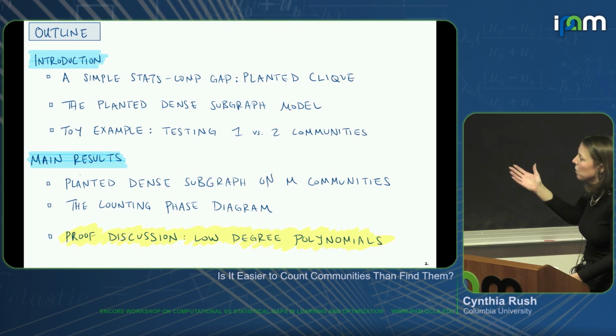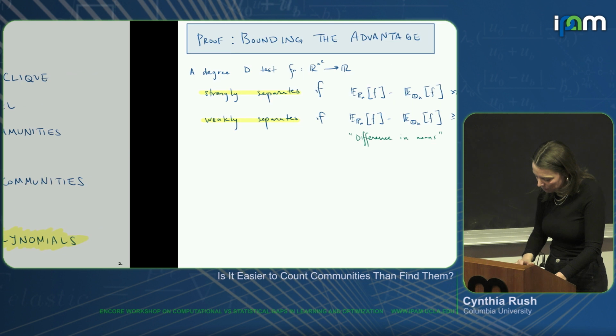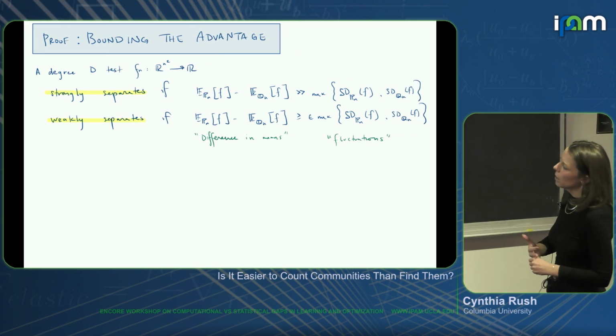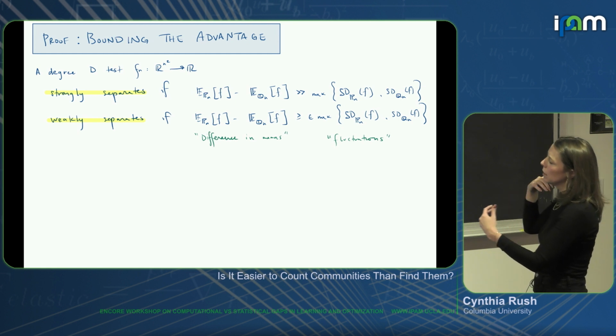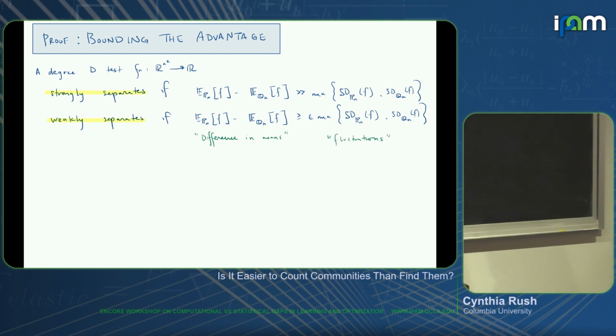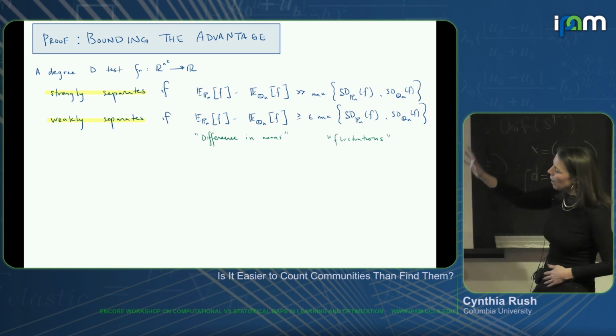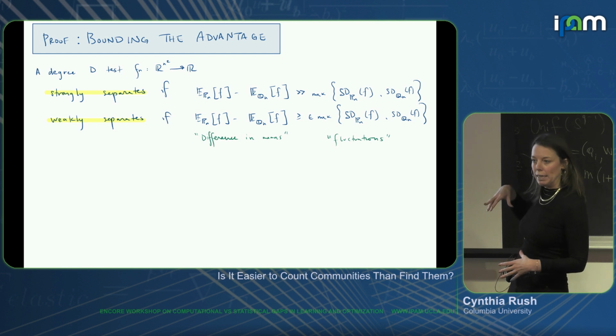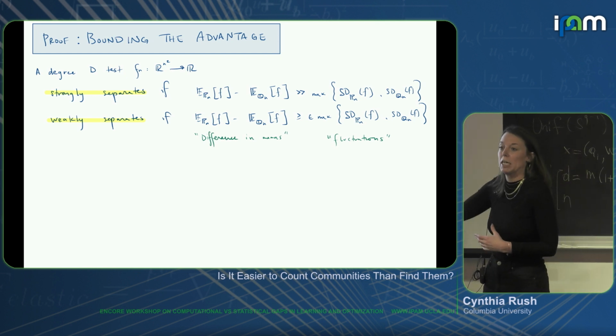Okay, so just a few notes on the proof. I think this is really cool. The basic tools that we use in this paper are derived from a recent work by Salil Shram and Alex Wein that looked at using low-degree polynomials for studying the computational hardness of recovery problems.